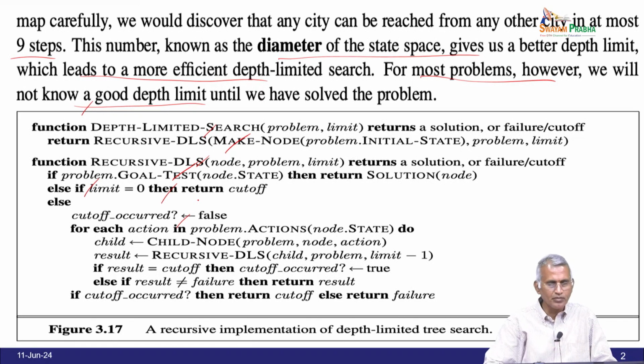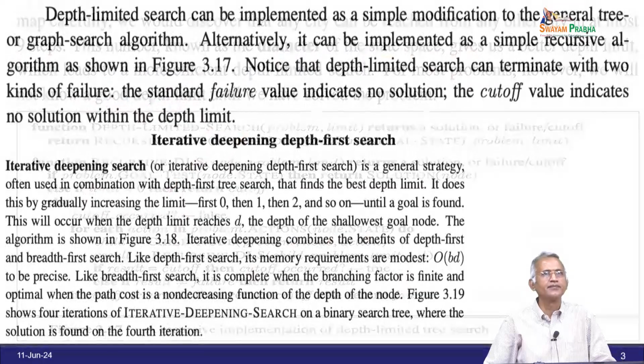For each action in problem.actions(node.state) do: child is child-node(problem, node, action); result is Recursive-DLS(child, problem, limit). If result is cutoff, then cutoff_occurred is true; else if result is not equal to failure, then return result. If cutoff_occurred, then return cutoff, else return failure. So, this is the recursive implementation of depth limited tree search.